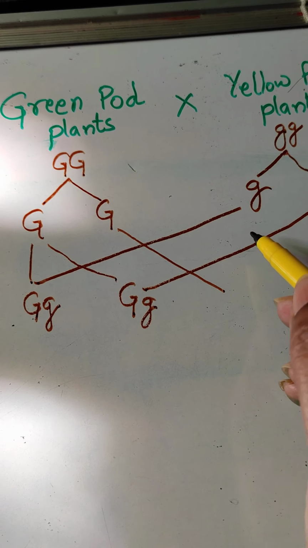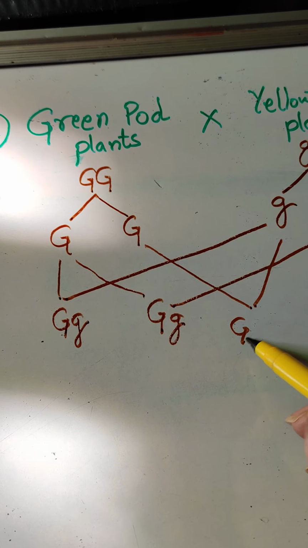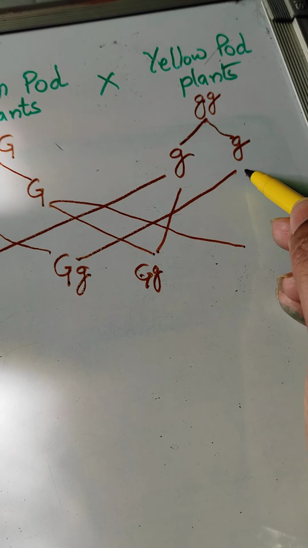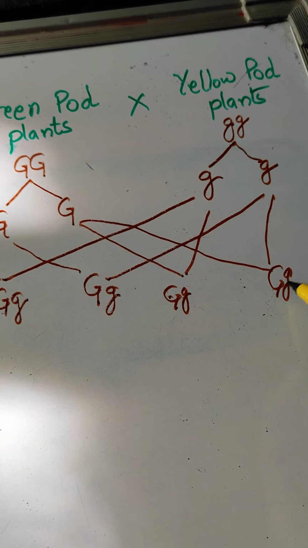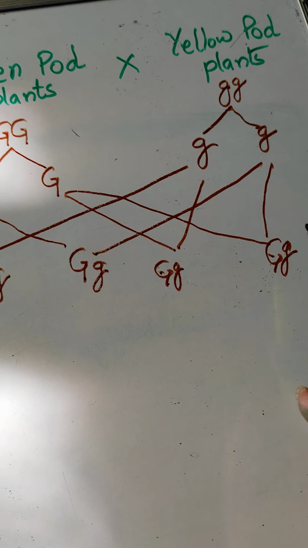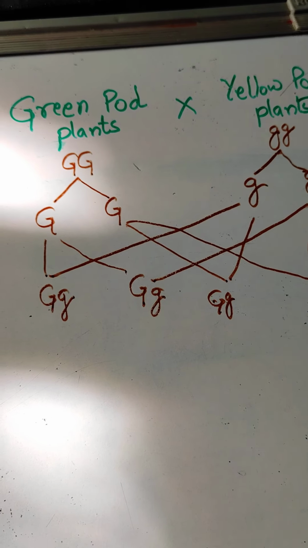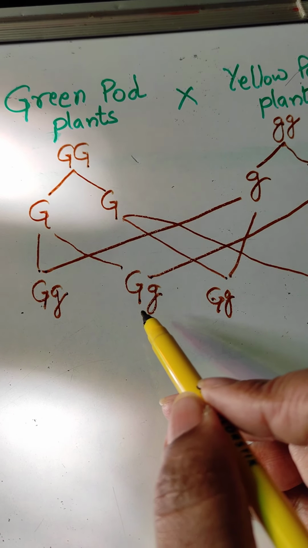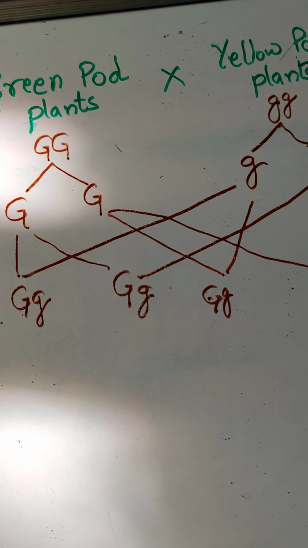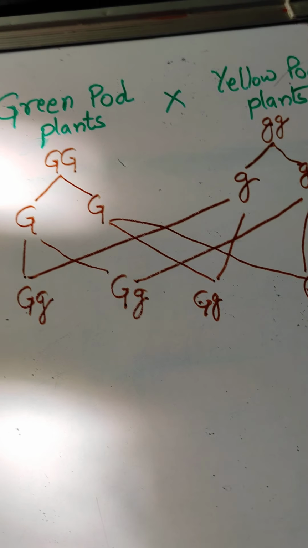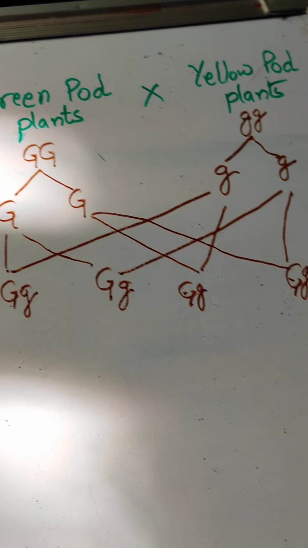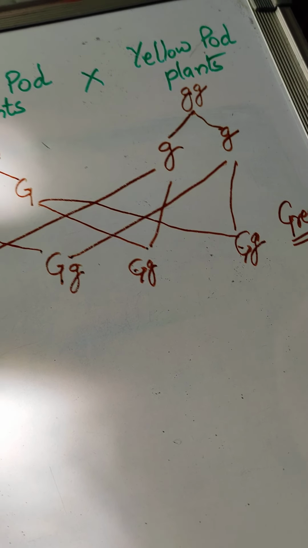This gamete can fuse with this one, capital G small g, or this can fuse with this one, capital G small g. We can see the genotype of all the plants of the F1 generation is the same, capital G small g. Genotype is the same, so phenotype is also the same. All are heterozygous, and the result will be green pod plants.